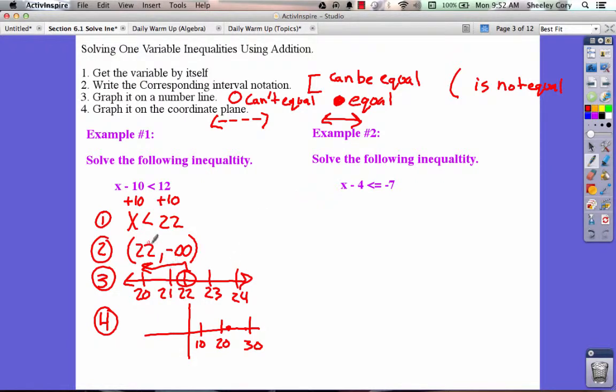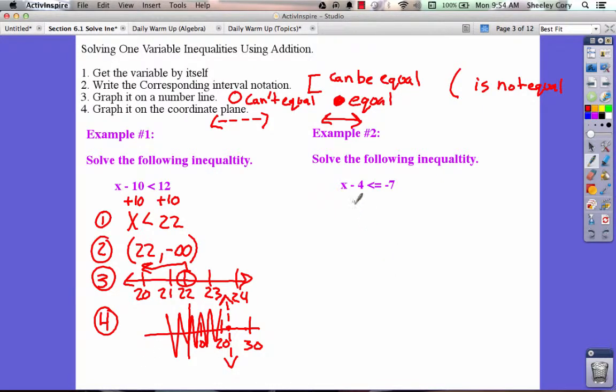So, because I can't equal 22, I'm going to make a dashed line there at 22. And because it says x is less than 22, all the numbers that are less than 22 are to the left, so I'm going to shade toward the left. So all these numbers to the left.